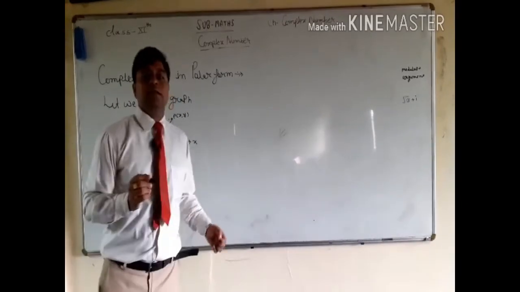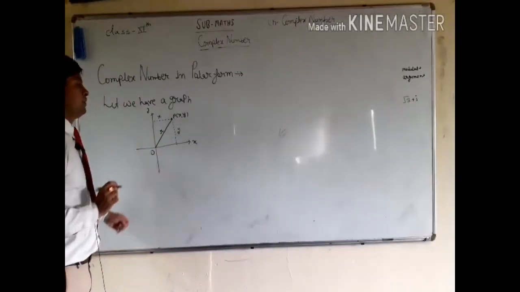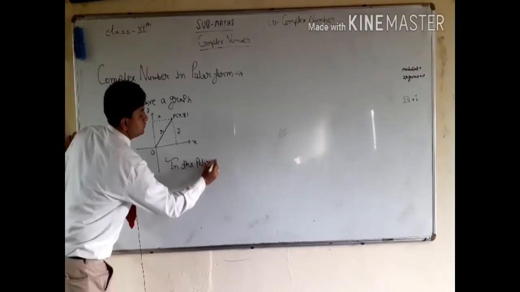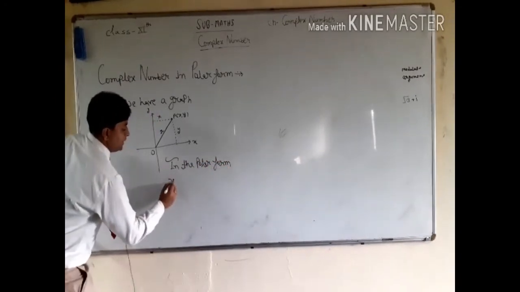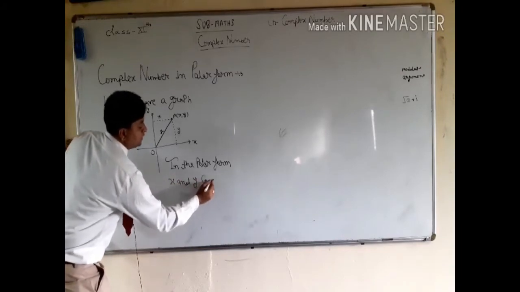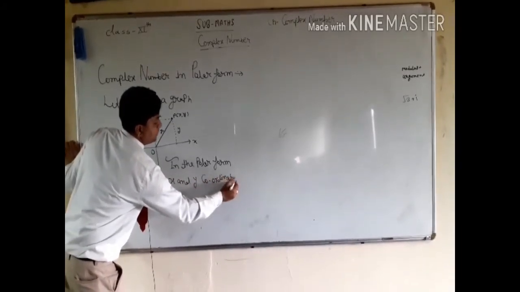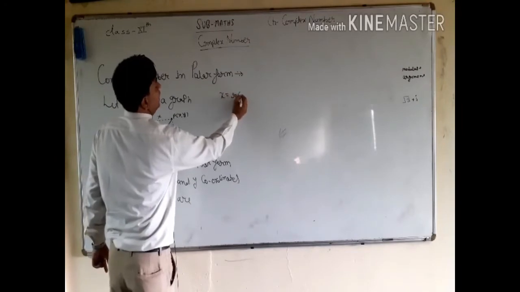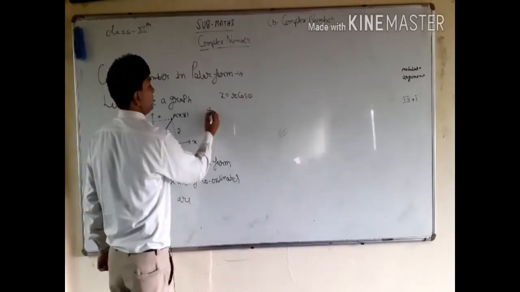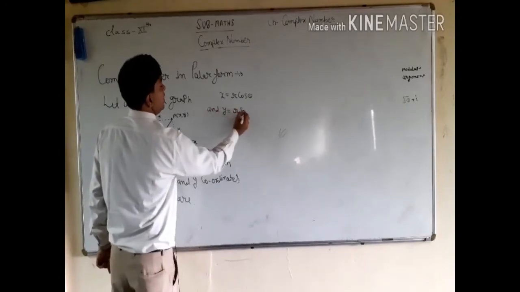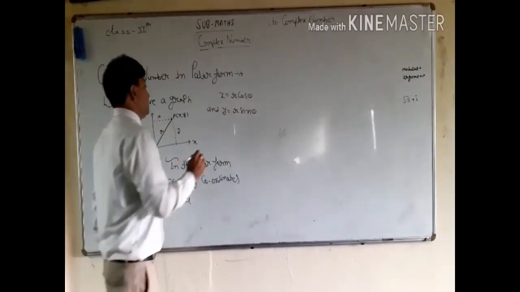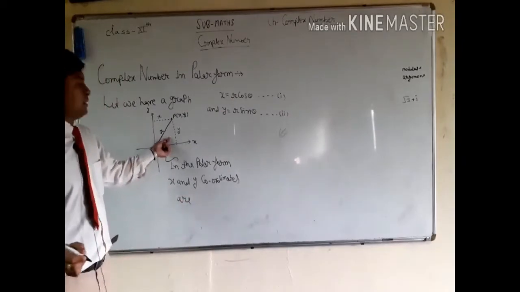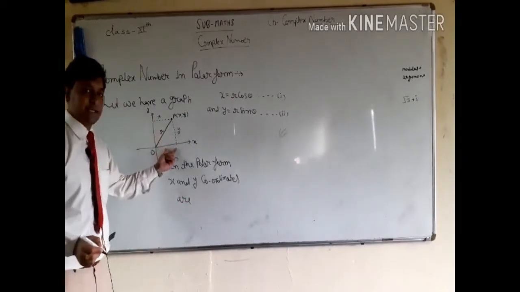Then we change it in the polar form. In the polar form, x and y coordinates are x equal to r cos theta and y equal to r sin theta, because we know that this is r, this is y and this is x-axis.